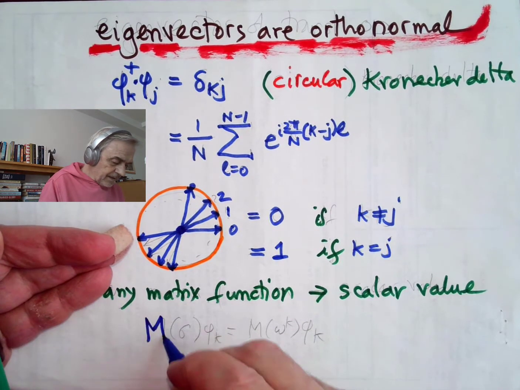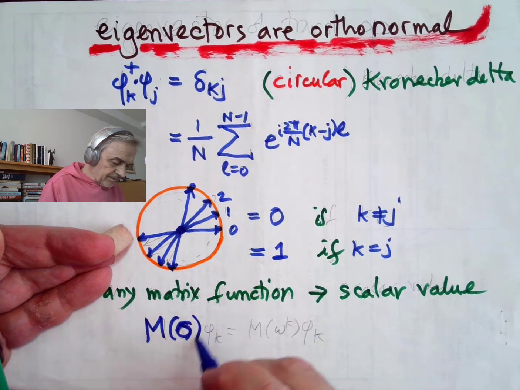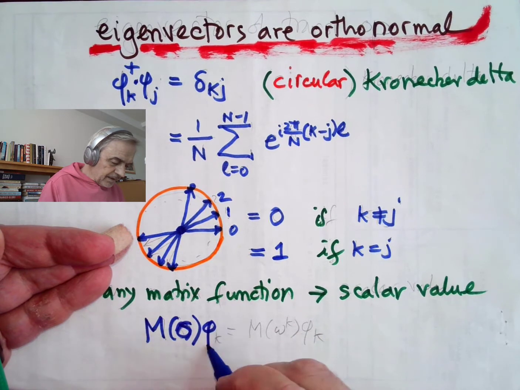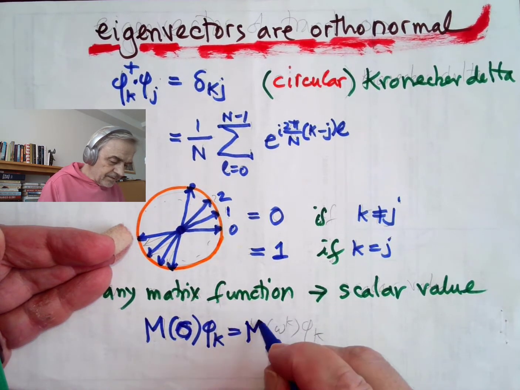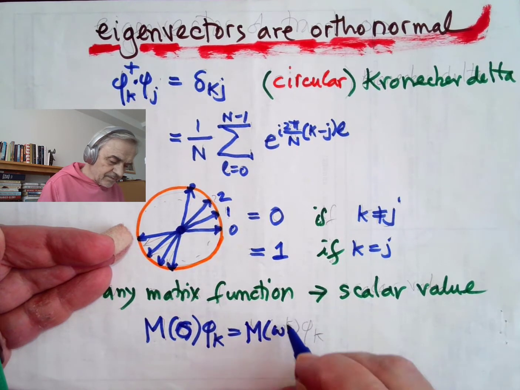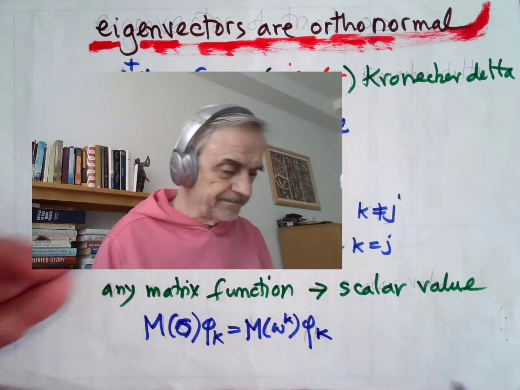So these eigenvectors are great. We take a matrix function, a big complicated thing. We multiply it by an eigenvector. And what it returns is an ordinary scalar function of the eigenvalue corresponding to this, just a complex number.